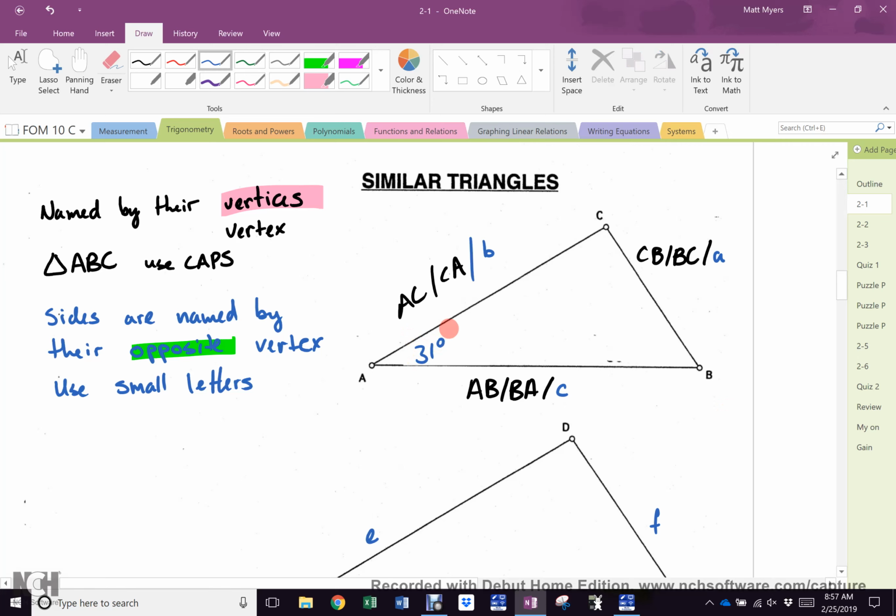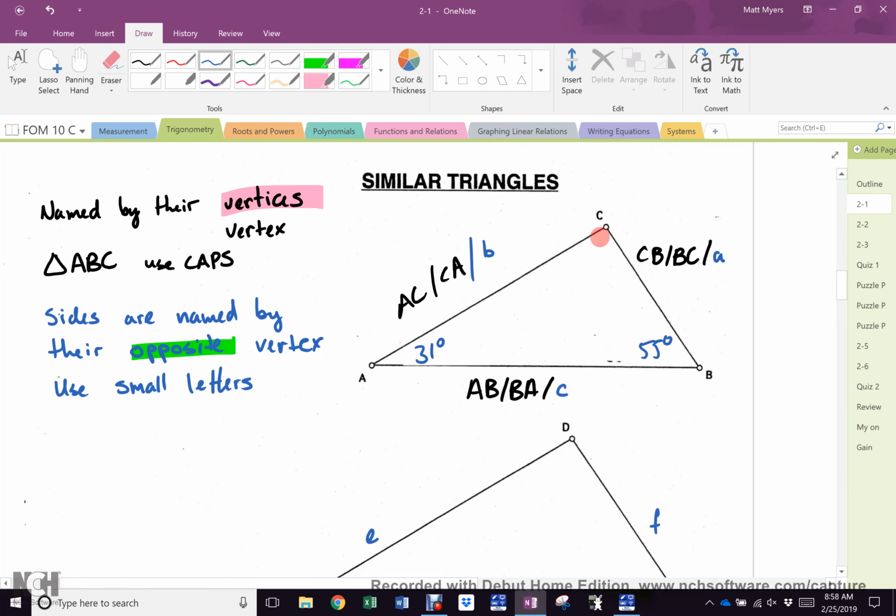31 degrees. Then you should be able to tell me the value of angle B. 55. Now you should be able to automatically tell me the angle of C. Why? 180.